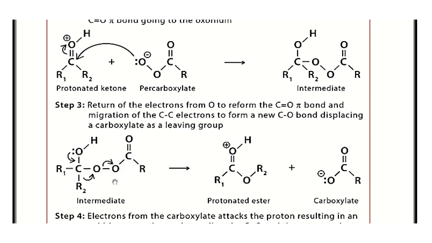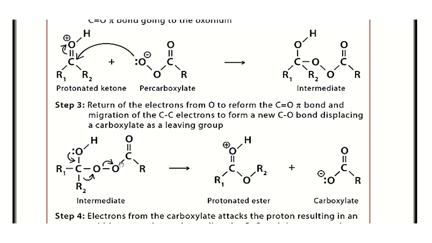Clear? The other important thing to understand here is that in this intermediate we have the oxygen-oxygen bond, which is the weakest bond. So this bond will easily break down, and in this way the carboxylate ion will be formed, and the remaining oxygen will again have the positive charge due to the breakage of this bond.